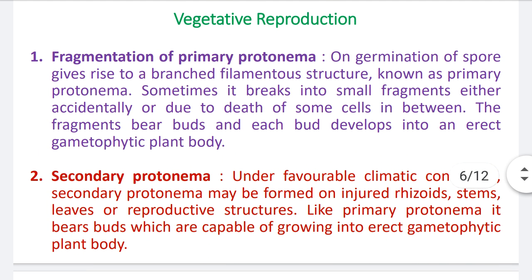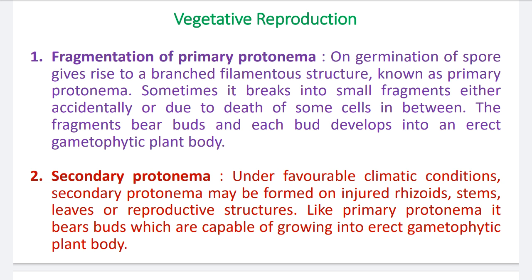Now the vegetative reproduction in Funaria. Vegetative reproduction occurs in many ways in Funaria, but here we are considering two important examples. First one is the fragmentation of primary protonema.